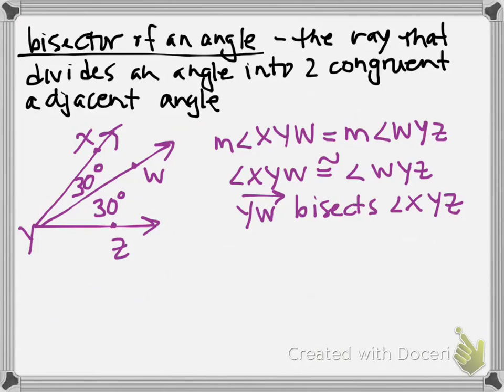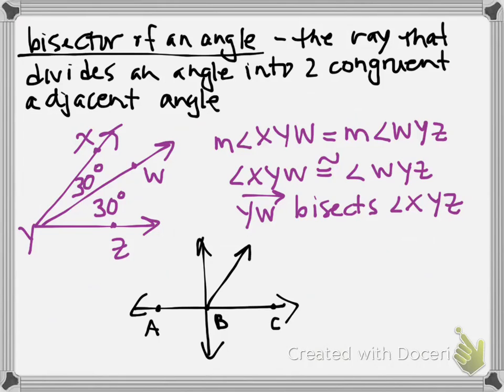Okay, a lot of information just from one thing, and I can use that when I'm trying to set up problems and solve them. One more thing to share with you guys is when you're looking at diagrams, you're going to see some little marks. So just to give you an example of that, we'll call this point A. We'll call this point C. This we'll call B. We'll have a ray coming out of B. We'll call it ray BD.